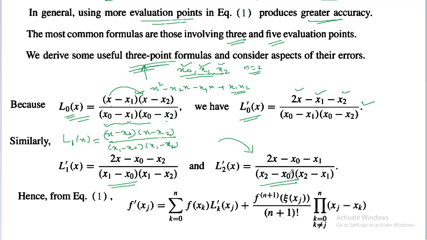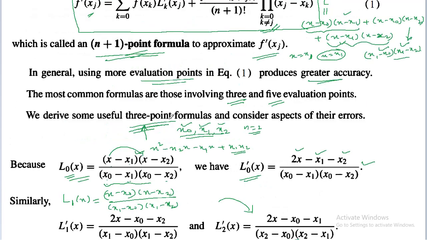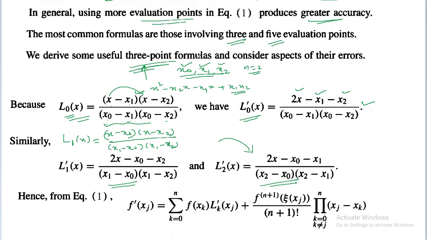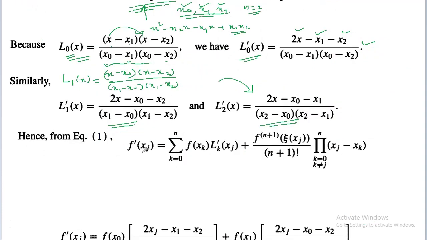So replacing these values in the given equation, equation number 1, which is f dash of xj equal to summation k from 0 to n, etc. This is for the n plus 1 point formula. So we are using 3 points x0, x1, x2, that is n is equal to 2 here.